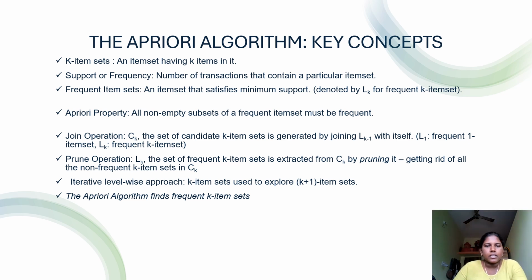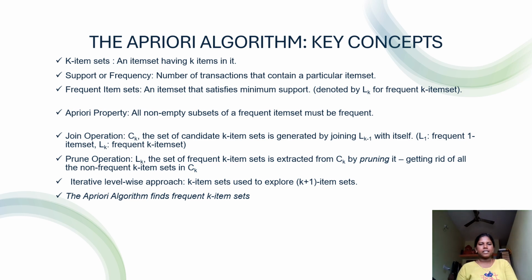Join operation: Ck, the set of candidate k-item sets, is generated by joining Lk-1 with itself. Lk is nothing but the frequent k-item sets.